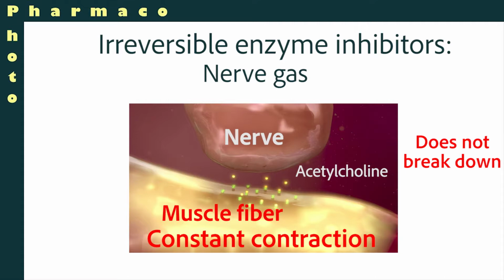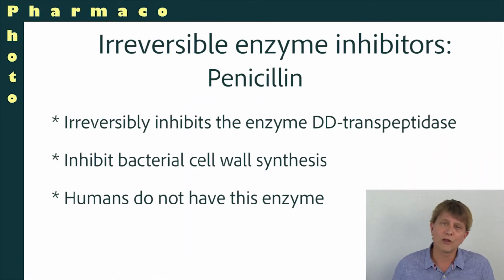So the person succumbs to respiratory distress. We also use irreversible inhibitors when we're targeting infective agents. For instance, penicillin is an irreversible inhibitor of an enzyme which only the bacteria have, but humans don't have.